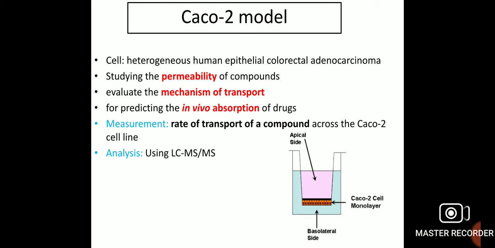We'll see this structural mechanism in upcoming videos if you want detailed information. So what does it measure? It measures the rate of transport of a compound across the CACO2 cell line, and its analysis can be done by LC-MS.